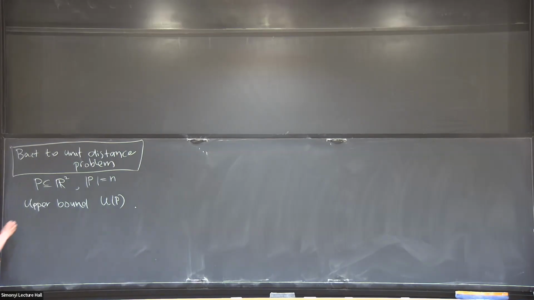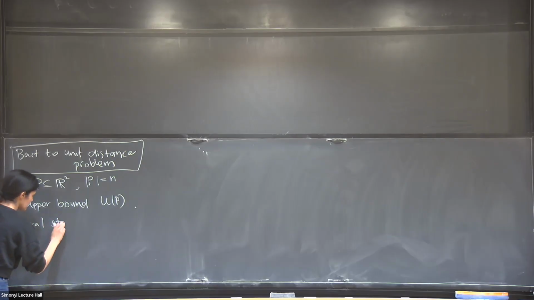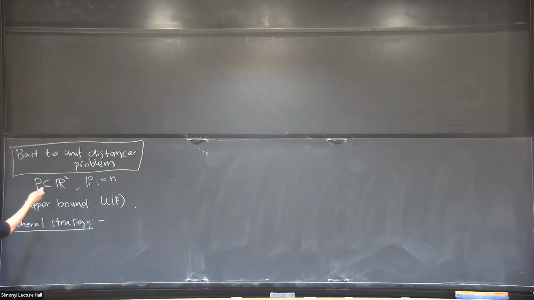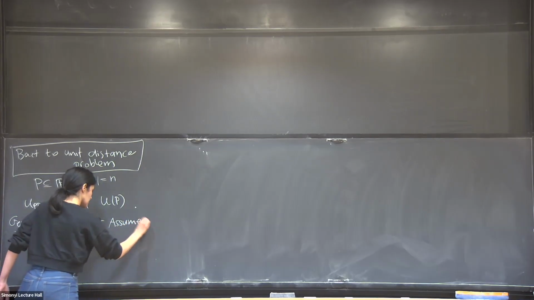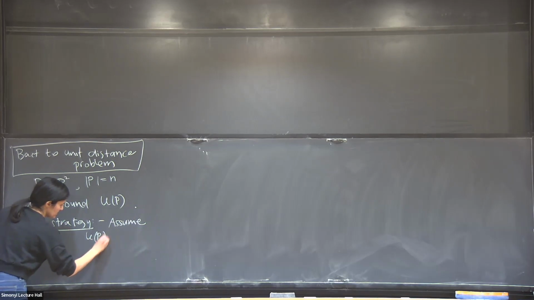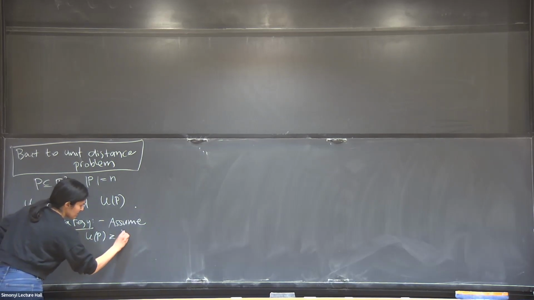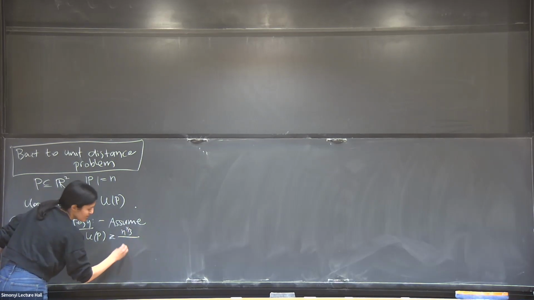So, general strategy. Let's assume that we have a point set with many unit distances. Assume that U of P is at least n to the power 4 over 3 over log n.